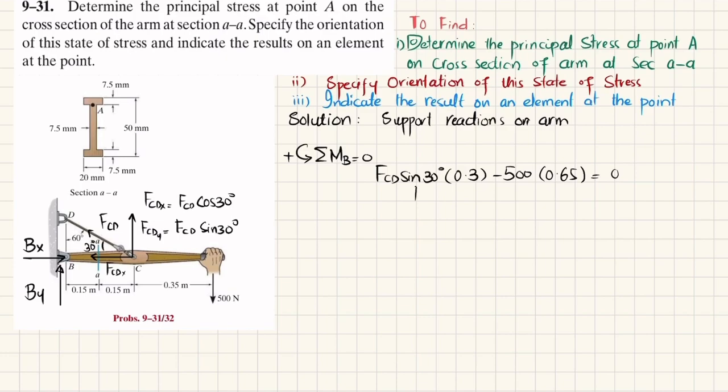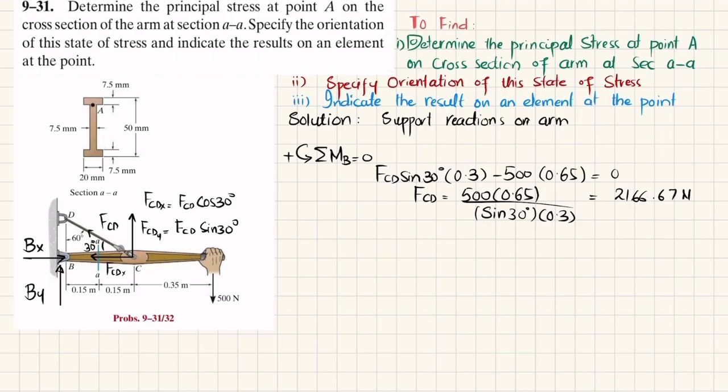When you calculate it, you will get FCD equal to 500 times 0.65 divided by sine of 30 degrees multiplied by 0.3, which gives 2166.67 Newton. So this is FCD.